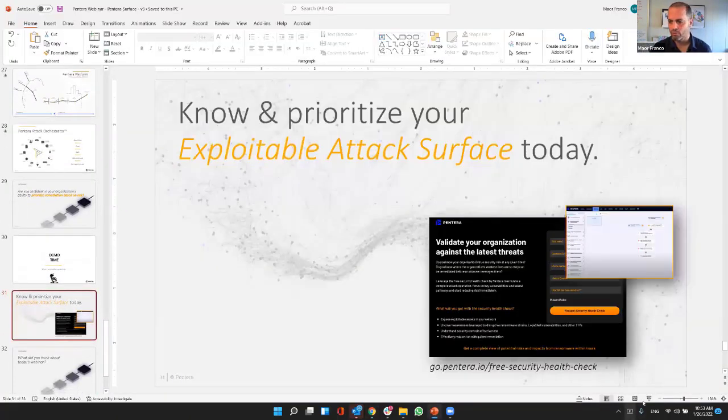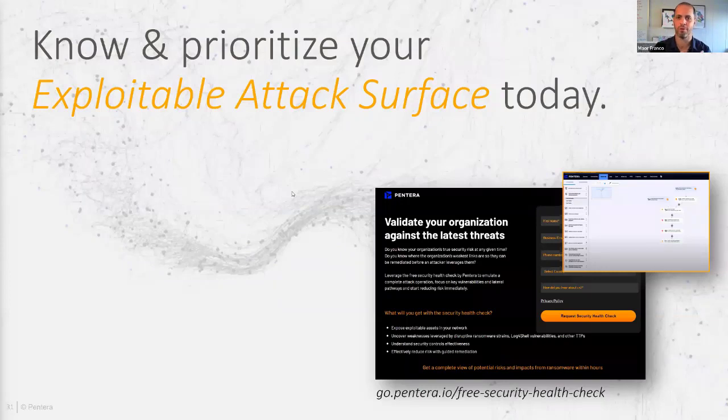So the quick call to action that I have for everyone as we get towards the end, and I'll now take all the questions that I'm sorry I wasn't able to take as I was going through the webinar, is to evaluate whether what we talked about today applies to how you're approaching, finding and prioritizing your exploitable surface.